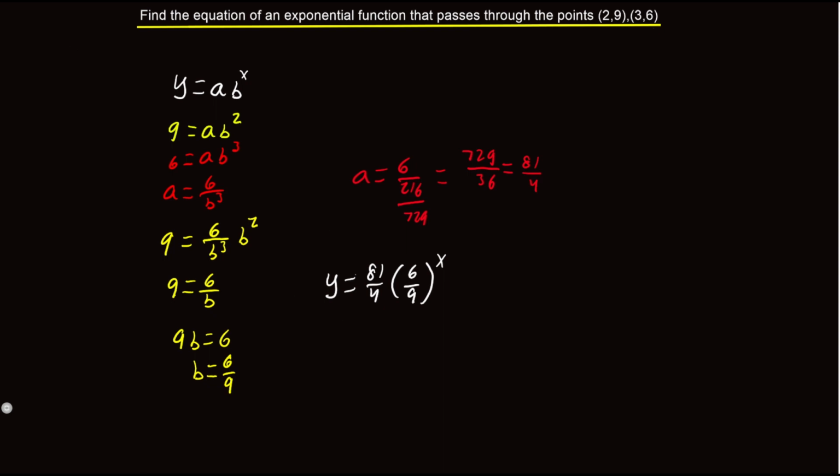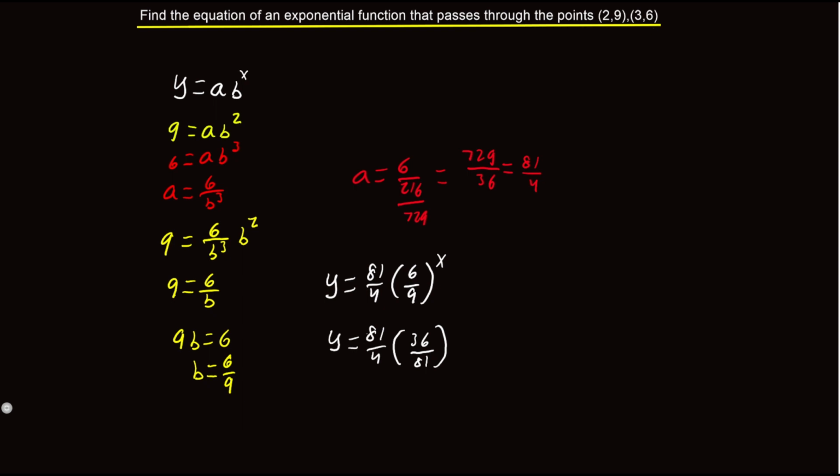So we want to go ahead and check if our equation is correct, and to see if we get the same x and y values. And by doing so, we will go ahead and test out if we get 9 from plugging in x is equal to 2. So we get y is equal to 81 divided by 4 times 36 divided by 81.